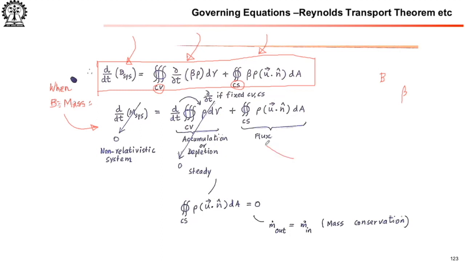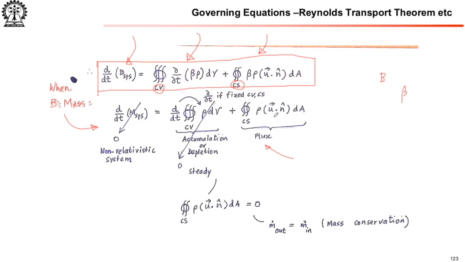So you can think of flux, but the flux term is per unit time per unit area. Here we are integrating, or rather you can say it's the net outflux, or the rate of outflux of mass.